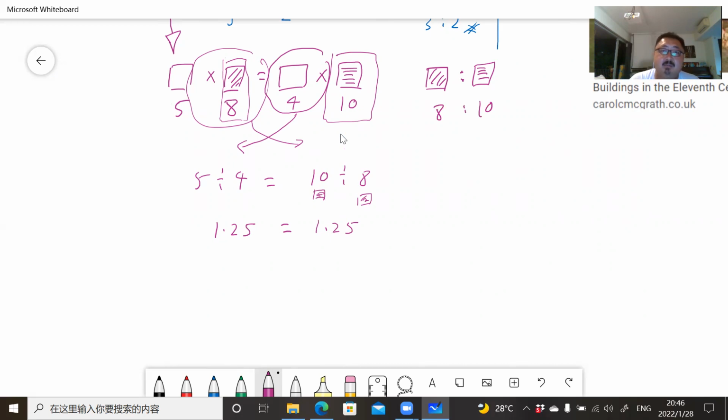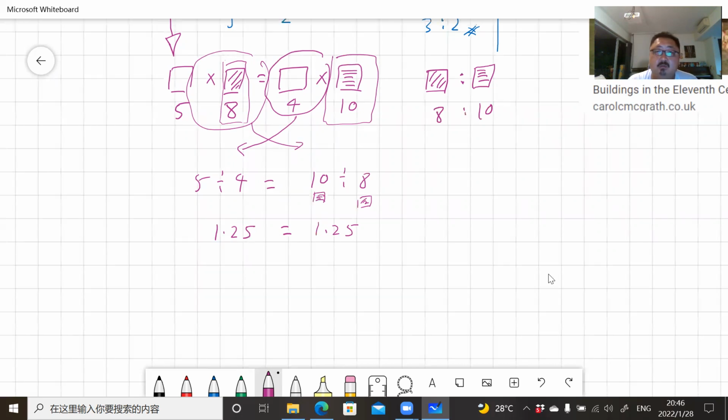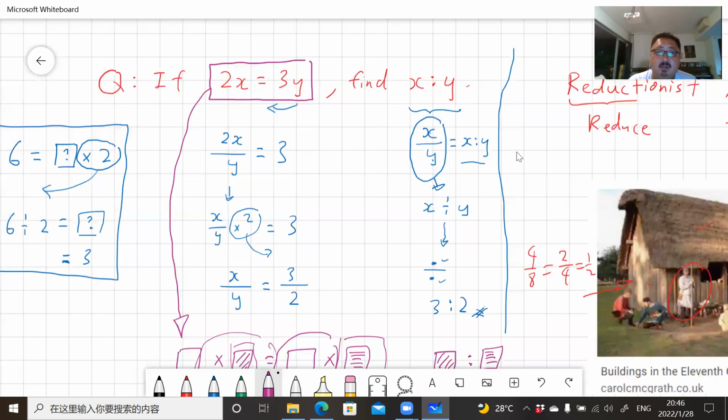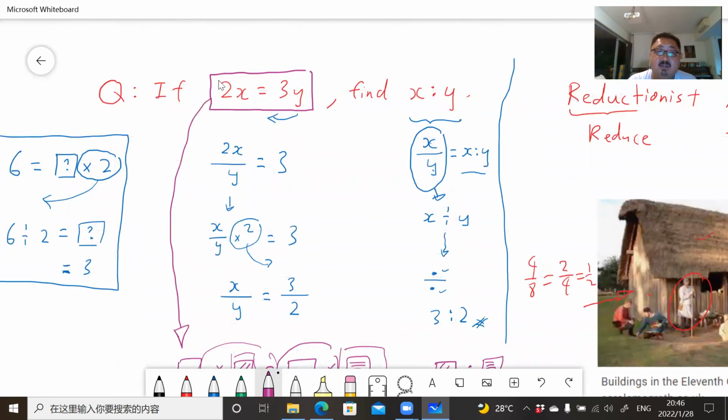So this is what I mean by reductionist approach. You change something that looks complicated, break it down to its very bare basics. What is this? Something multiplied by something equals something multiplied by something. And all 4 of them have to be different numbers.